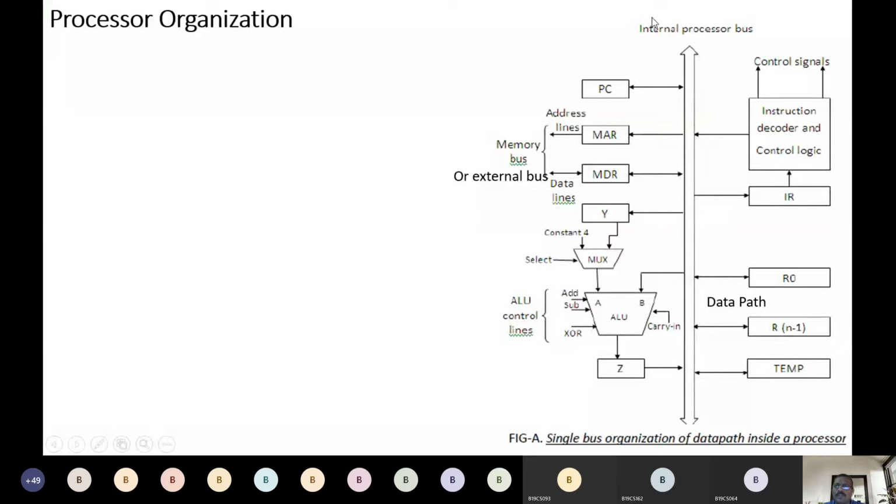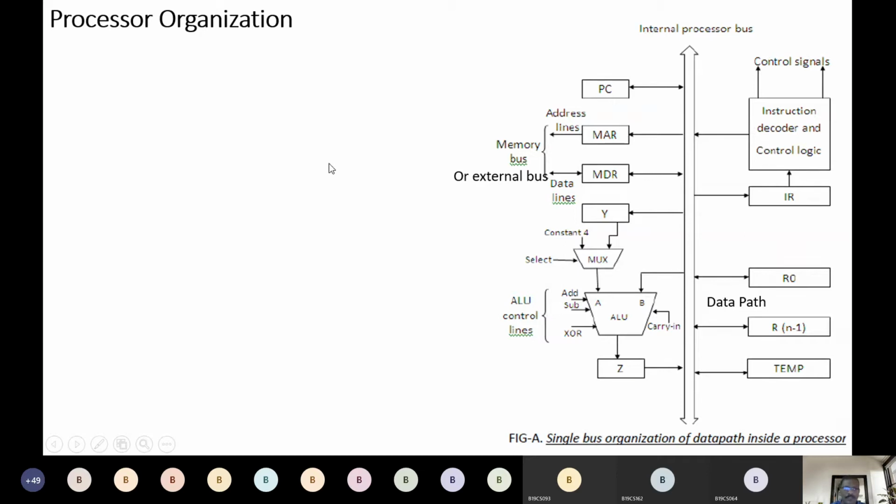From there, control signals are connected to this instruction decode and control logic, and this is the unit which controls all the components. This unit uses the control signals and controls the entire data flow, and it is the reason for the transfer of data between all these components, even for the execution of the instructions.